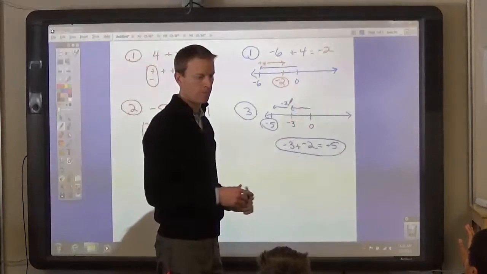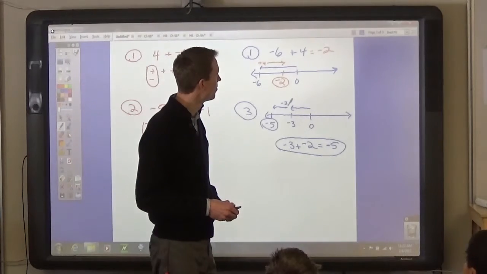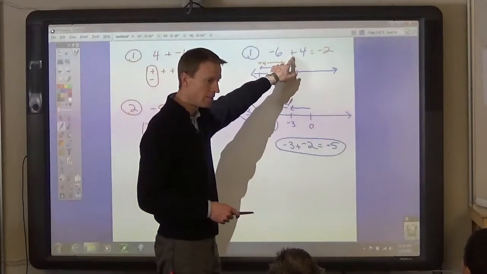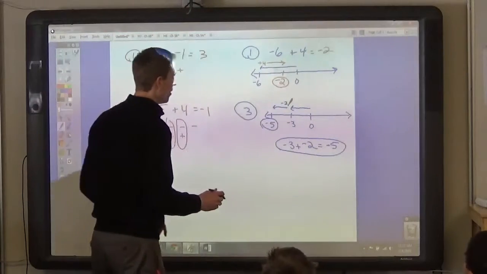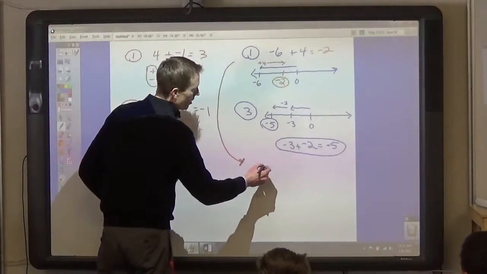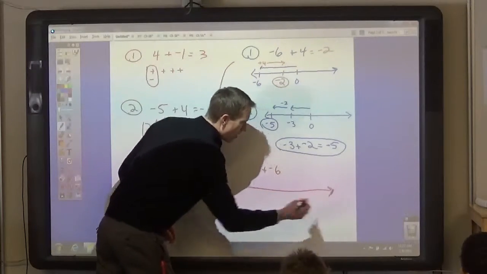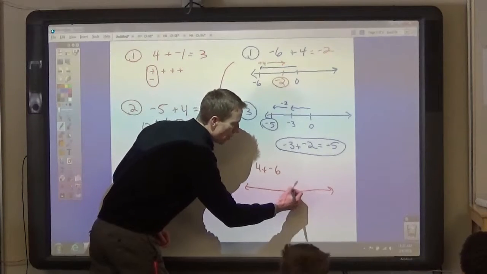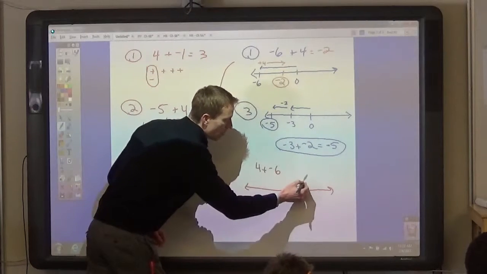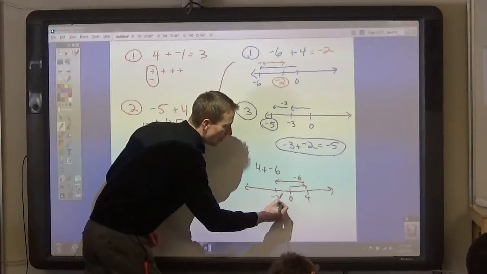Is it commutative, where for that problem you can do 4 and then 6 back? You could, yes. As long as there's a plus sign, you could change it around, right? So, that's a good question. If we were doing this problem down here, but it was 4 plus negative 6, then it would be 4 plus negative 6, and we would end up at the same answer, wouldn't we?